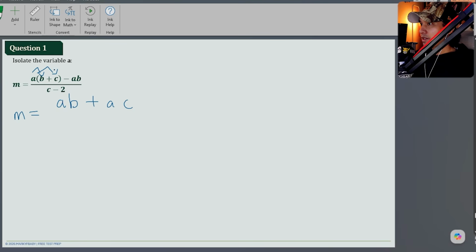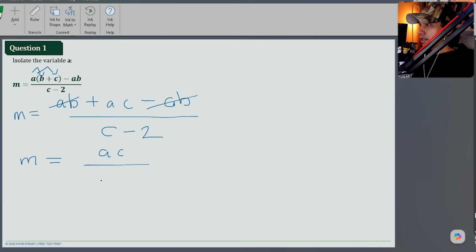I distributed the A, and then I'm going to write out the rest of the problem. And what's the first thing that you see here? Well, we have a positive AB and we have a negative AB, and these can cancel each other out. And then what we're left with is M equals AC divided by C minus 2.